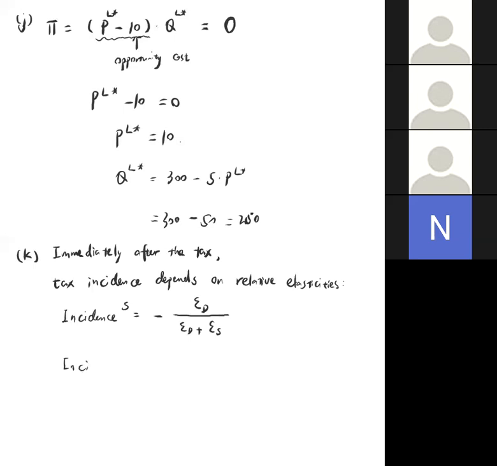And the share of tax borne by consumers is the negative of epsilon S, the supply elasticity, divided by the sum of supply elasticity plus demand elasticity. Okay, so these two equations are the general rules.